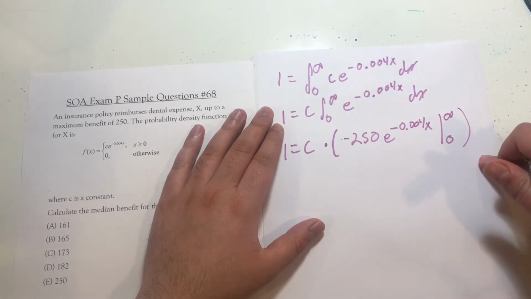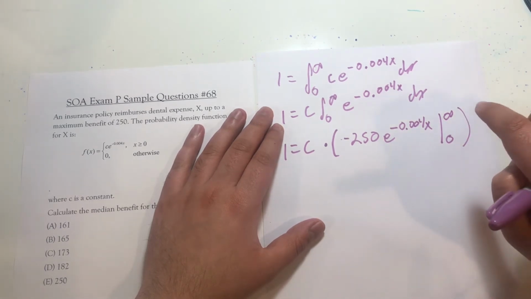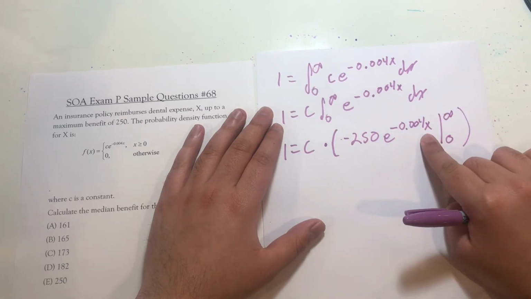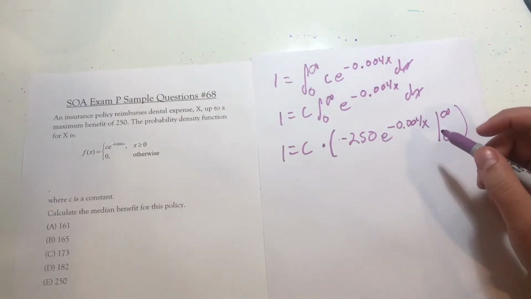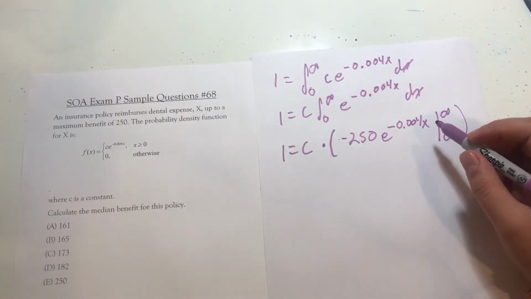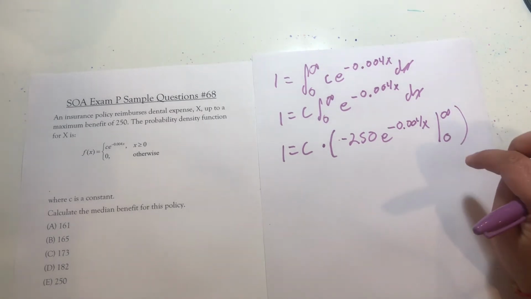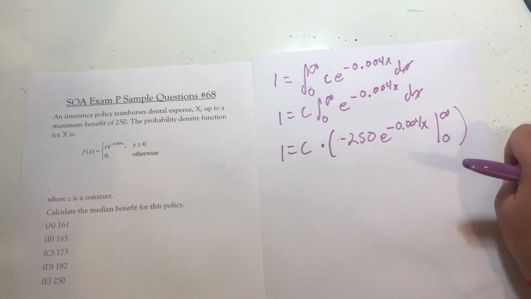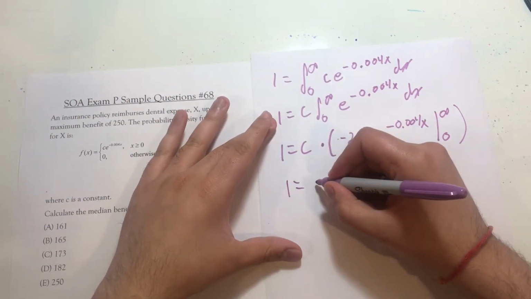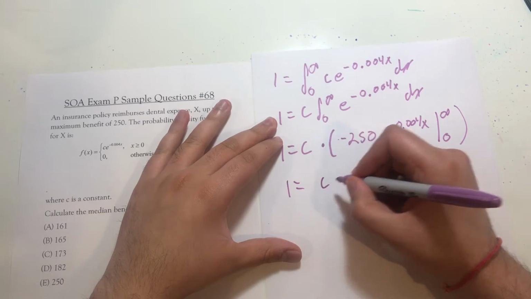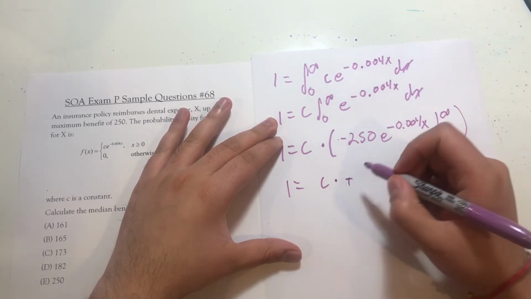This can be quickly evaluated because if you plug in infinity for x, it's going to tend towards 0. Plugging in 0, this thing becomes e to the 0 power, which is just 1. So this ends up being C times positive 250.